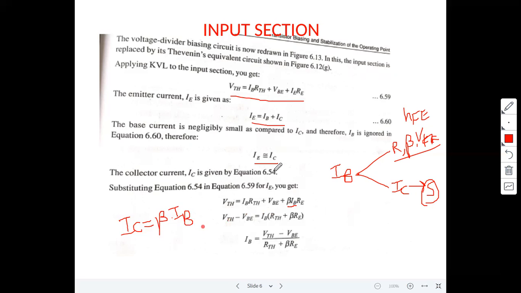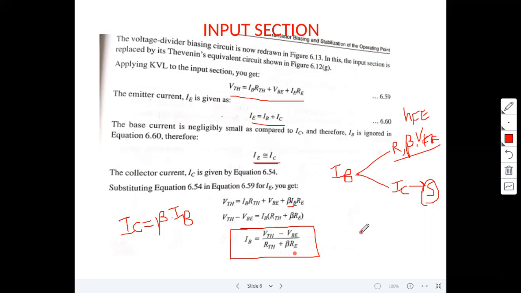Substitute these two conditions here: IE approximately equal to IC, and IC is equal to beta times IB. That gives IB is equal to VThevenin minus VBE by RThevenin plus beta into RE.